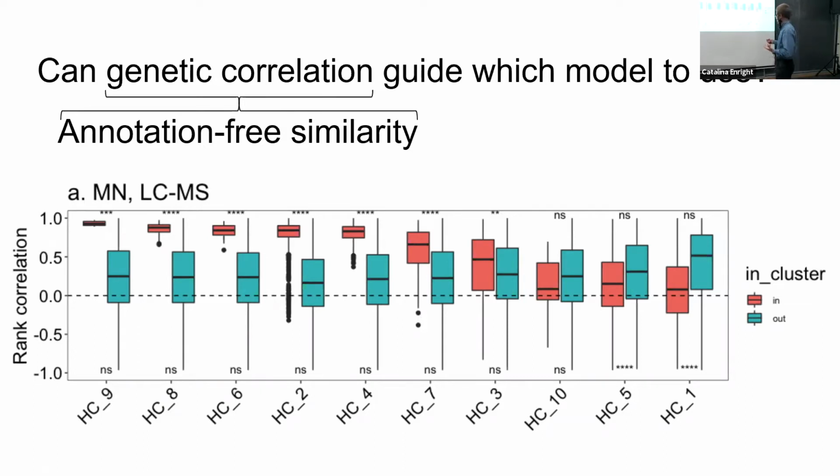And what you find is that for the most part, metabolites that are in the same hierarchically clustered group have high correlation of model accuracy with each other, and there's relatively lower correlation of model accuracy between two metabolites that are in different groups. And this is true for 7 of these 10 clusters. For the other 3, there's a little bit of a head scratcher mystery because it seems like metabolites that are not in that group have a higher correlation than metabolites that are within groups. So it's always good to have a little bit of mystery.